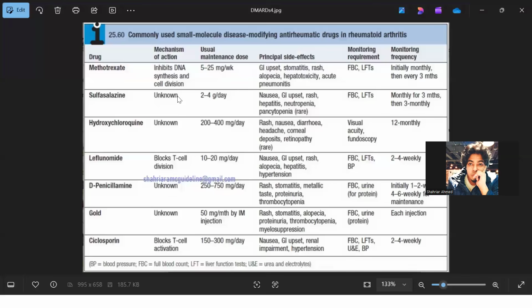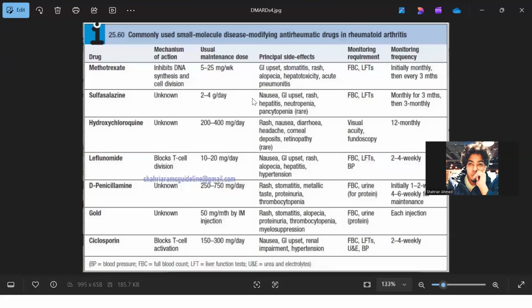Before going into that, regarding all arthritic conditions, a disease modifying anti-rheumatic drug may at some point be necessary, especially for the chronic and big diseases like rheumatoid arthritis, SLE and ankylosing spondylitis. DMARDs are very important.